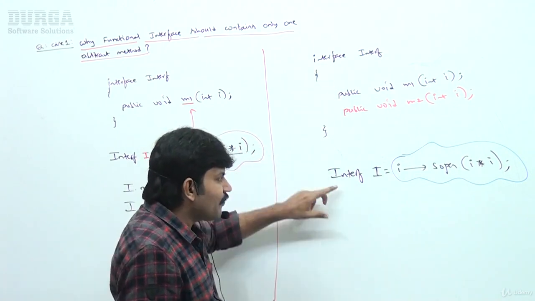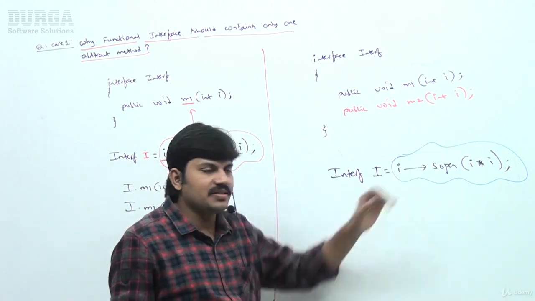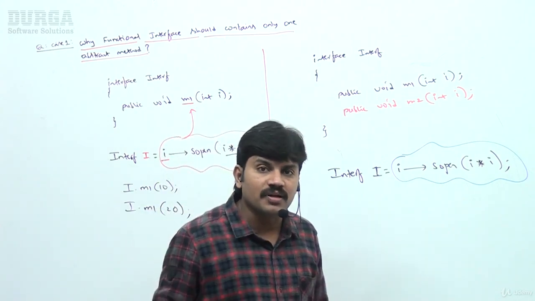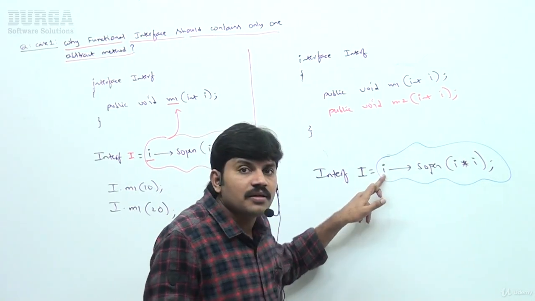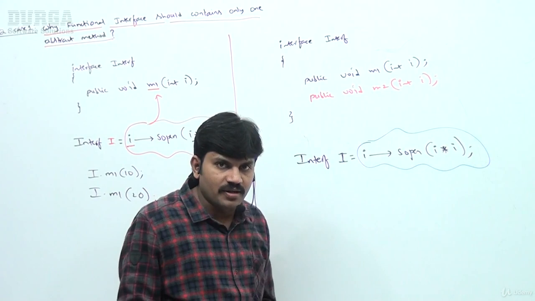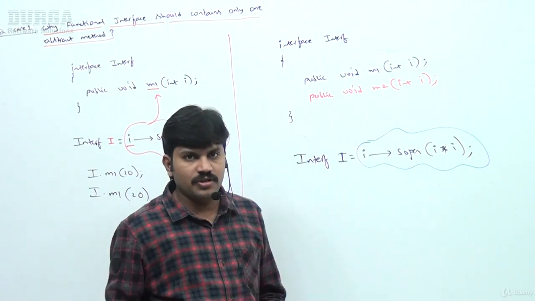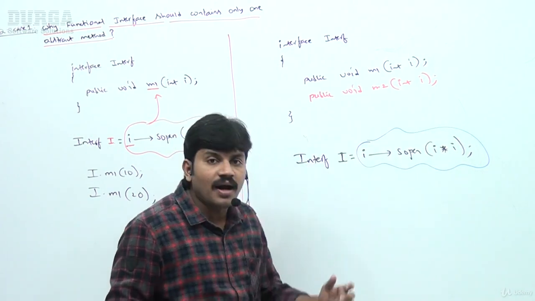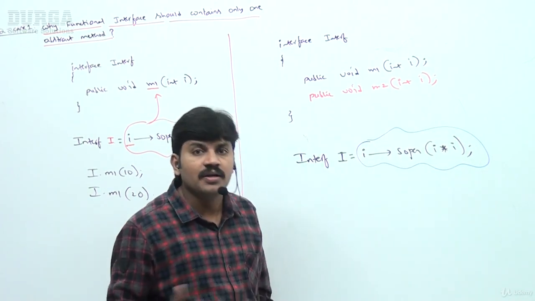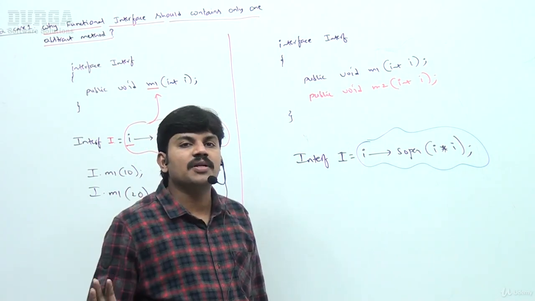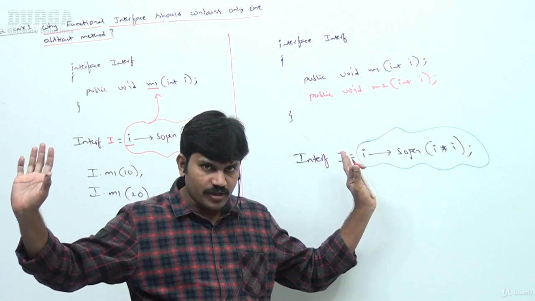Now, if that interface is used as the type for this lambda expression, the compiler is going to get confused. Is this I the argument of the m1 method or of the m2 method? The compiler is not in a position to identify whether this is the implementation of the M1 method or the M2 method. The total lambda expression concept is going to fail.